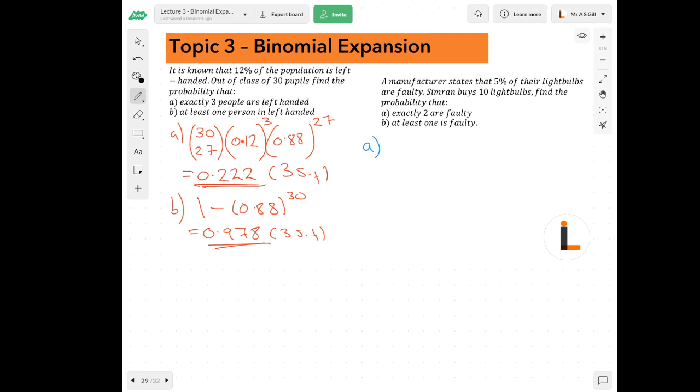And again, if you're not sure, look back to the question on the left hand side, think about what we've done there, and then have a go at the question on the right hand side again.